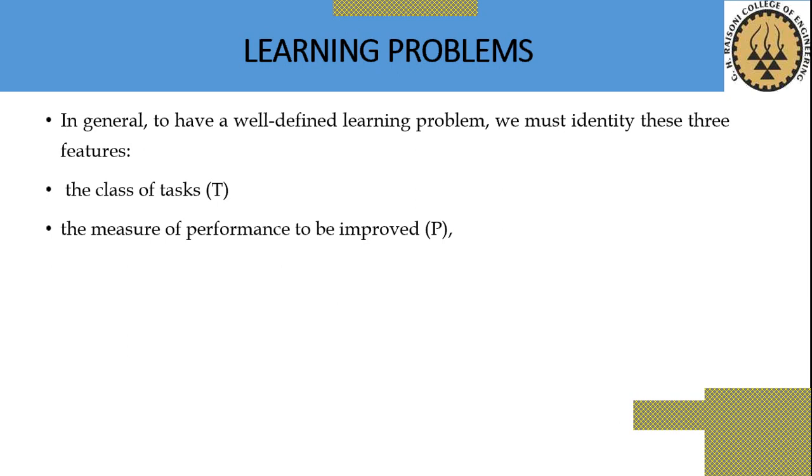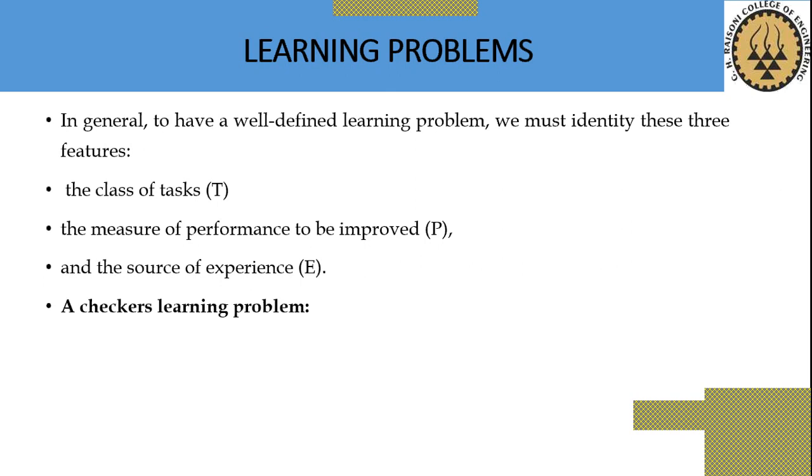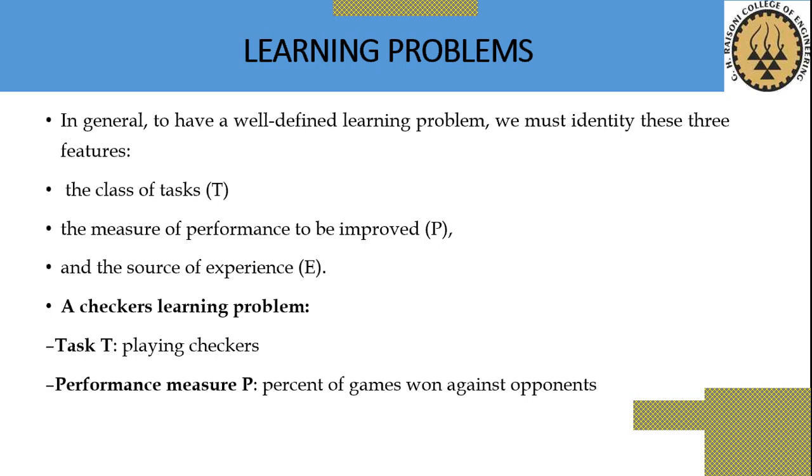Then the measure of performance, that is P, and the source of experience, that is E. Now let us check the learning problem. Let us consider that one task is playing checkers. My performance is the percentage of games won against the opponent. On the basis of that, my performance will be calculated.